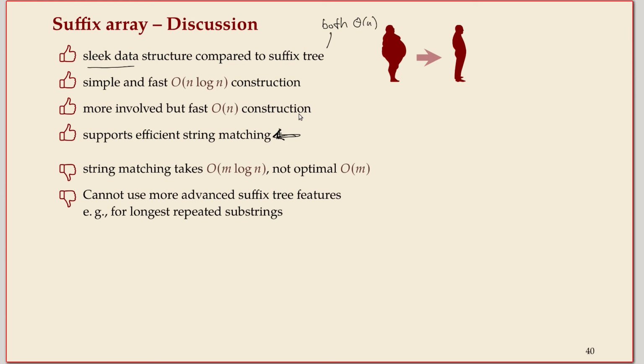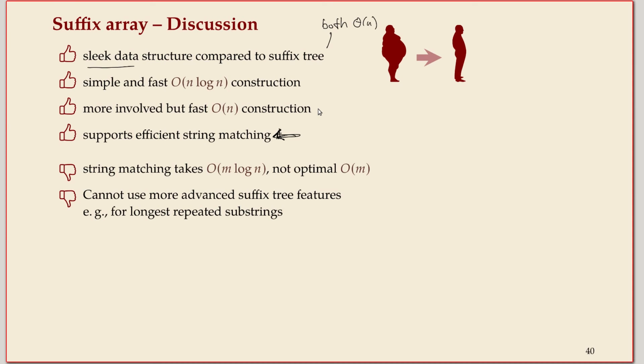In summary, you can say suffix arrays are really a practical data structure that you can compute fast. You can construct them efficiently, and there are simple methods that get the job done fairly quickly, and there are sophisticated methods that get the job done even more quickly if you invest a little more time in implementing them.